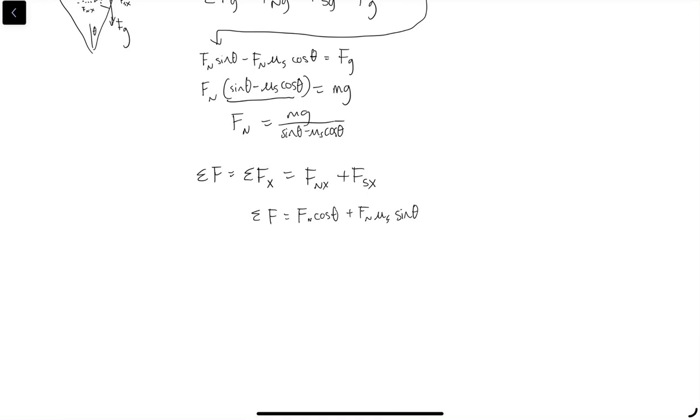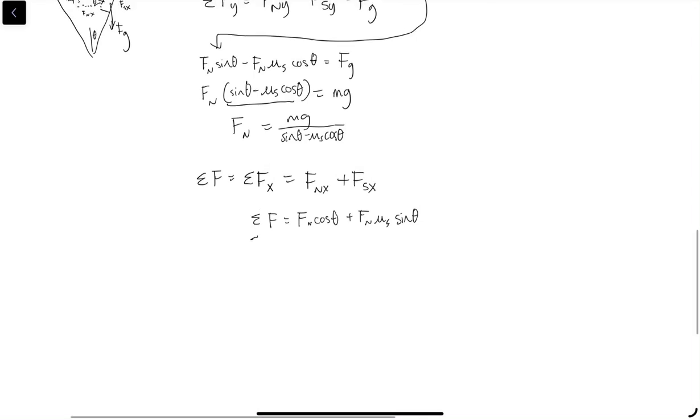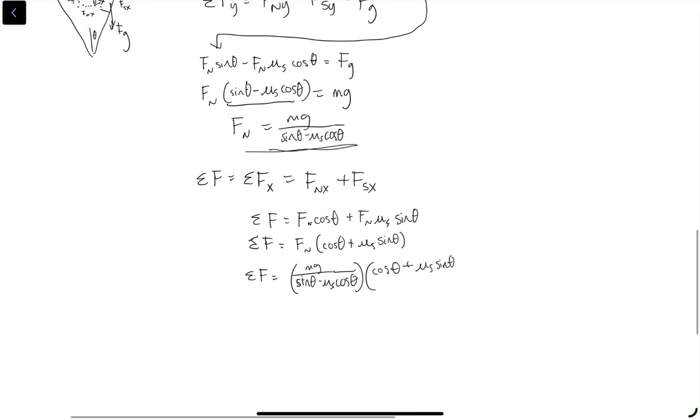And then I can take out the Fn. And then because we don't know Fn and we just solved for it right here, we can plug that in. And then now we can rearrange the terms.